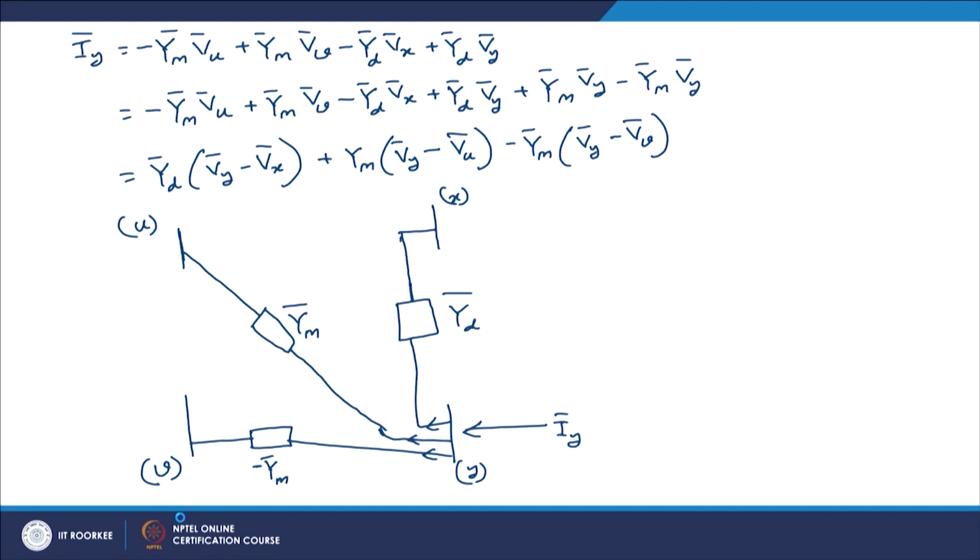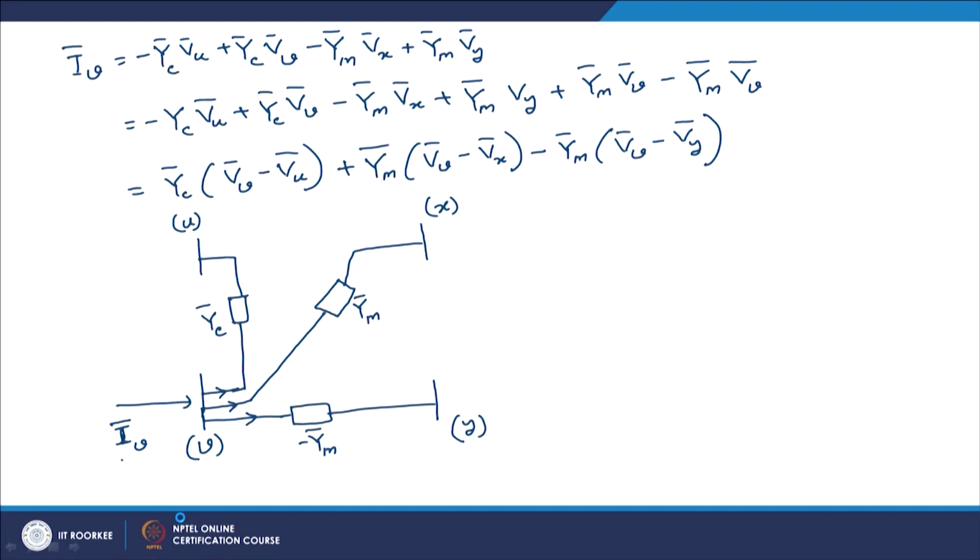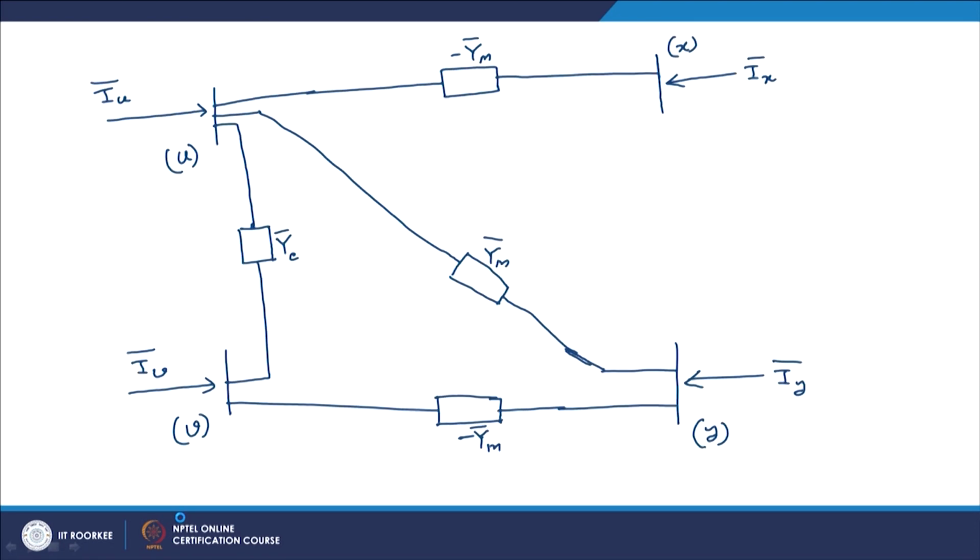And then V and X there is an Ym. So, V and X there is an Ym.